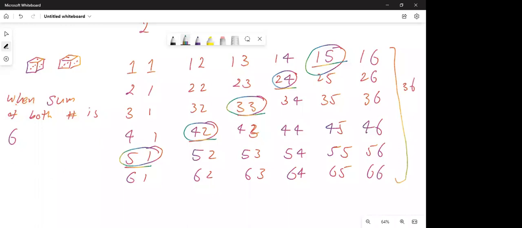So the probability for this event, that the sum of both numbers is 6, is actually 5 over 36, because there are 5 possible outcomes whose sum is 6 out of all the possible outcomes, which is 36.